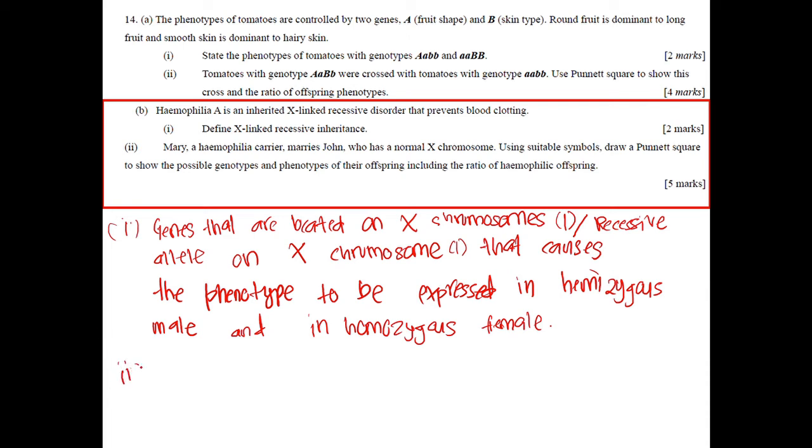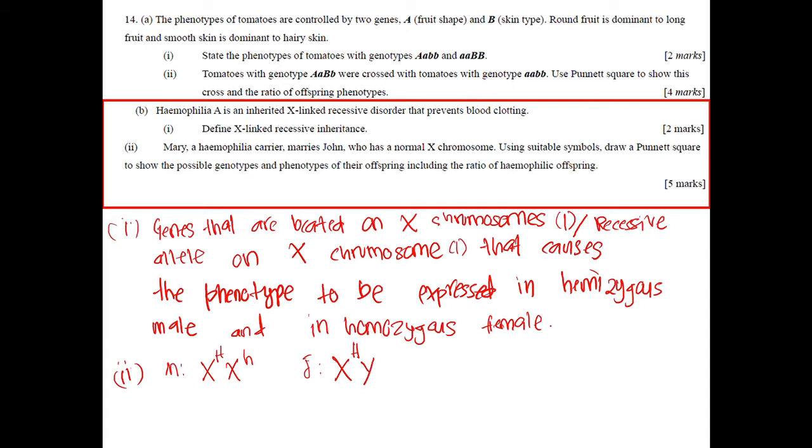Dua ni pula, dia bagi situation. Mary, a hemophilia carrier. Maksudnya kalau carrier, Mary punya genotype, satu normal, satu lagi recessive. So, she marries John, who has a normal X chromosome. So maksudnya John tu normal, sebab lelaki cuma ada satu kopi je.